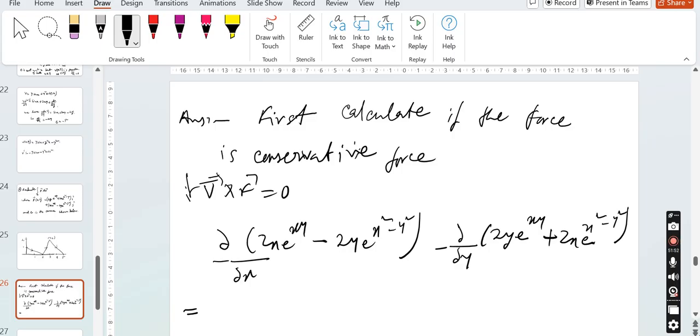So that would be 2 e to the power xy plus 2x e to the power xy into y minus 2y e to the power x square minus y square into 2x.